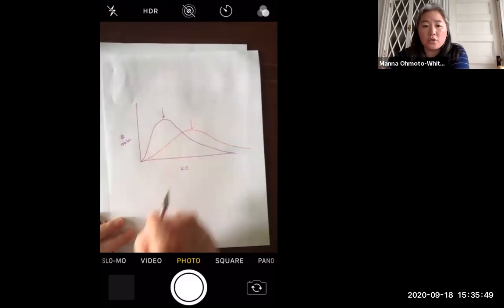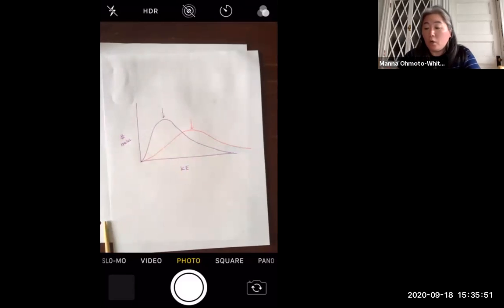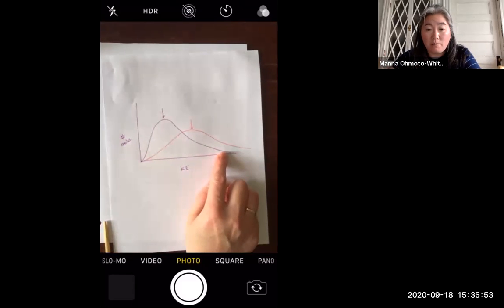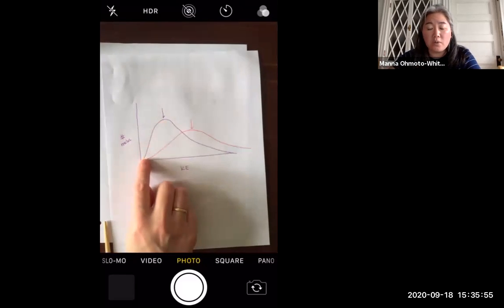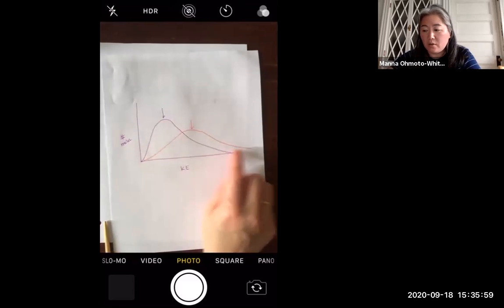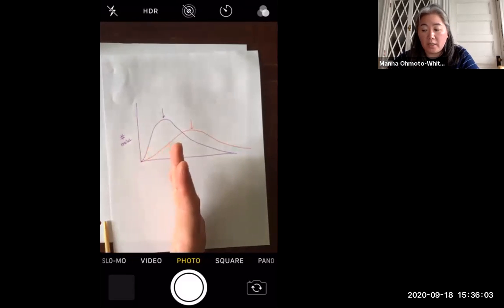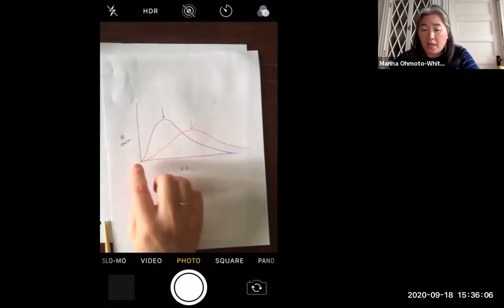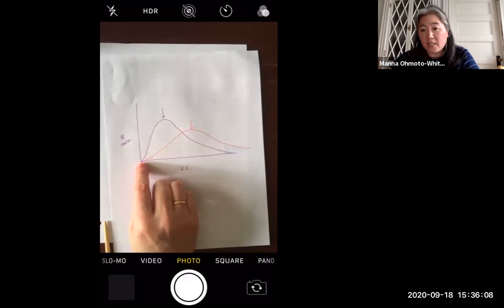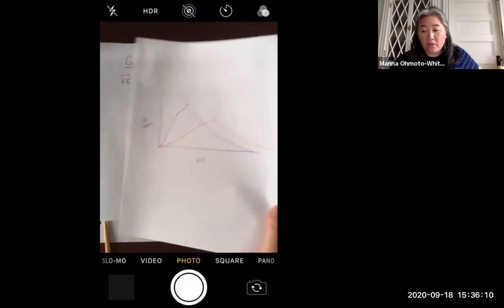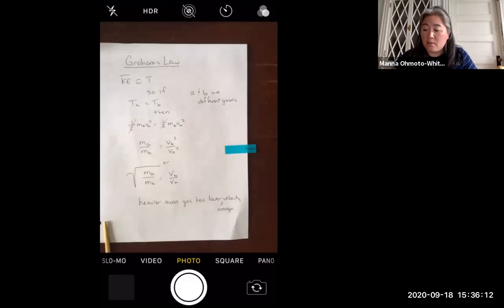I will always have gas particles that are much higher than the average, or ones that are much lower than the average, but it's the average that you're going to be looking at. And remember that there's a zero value, and that's at 0 Kelvin, when all velocities stop.